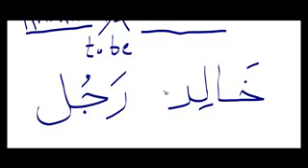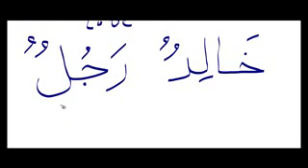And then finally, we put 2 dhammas at the end of both words. So Khalidun, Rajulun. Khalid is a man, and that is our very first Arabic sentence. And what I want you to do after this lesson is to work on the exercises. But before that, let's understand this sentence, and let's go over some rules that we should take into account.